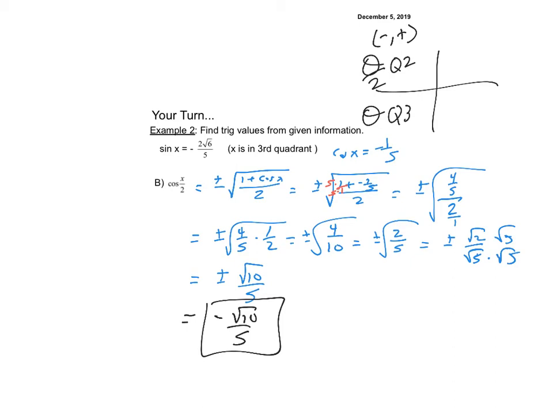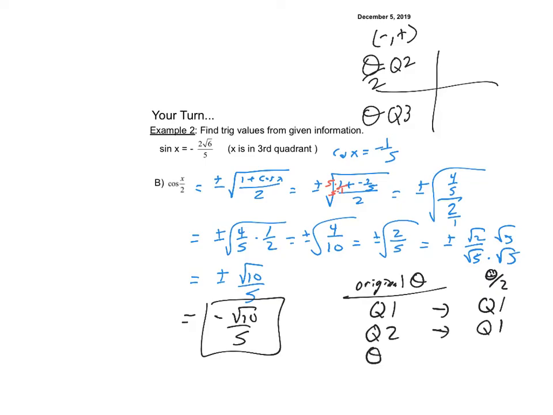Again, if the original angle, which is theta, is in quadrant 1, then the half angle is going to be in quadrant 1. If the original angle is in quadrant 2, the half angle is going to be in quadrant 1. If the original angle is in quadrant 3, then the half angle is going to be in quadrant 2. And if the original angle is in quadrant 4, then the half angle is going to be in quadrant 2.